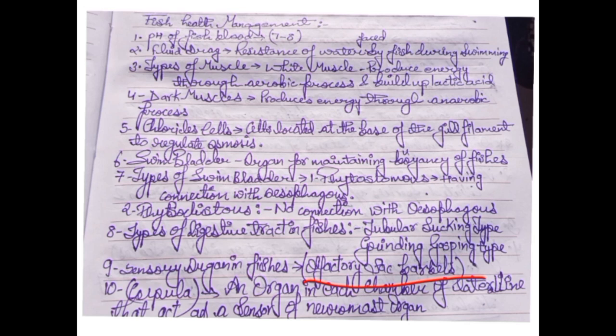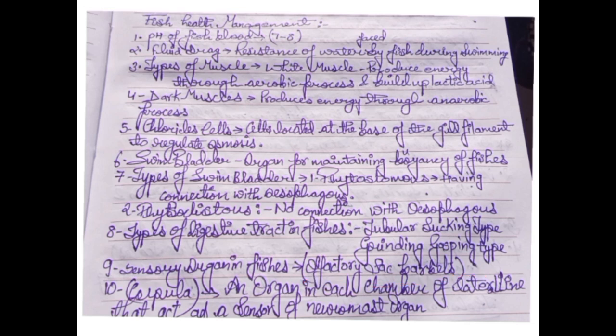Then the cupula, an organ in each chamber of the lateral line that acts as a sensor of the neuromast organ. You know that the lateral line has sensory organs. Generally in sharks, the neuromast organ is present in the lateral line, and that gives the fish the sense that some prey or predators are next to them.